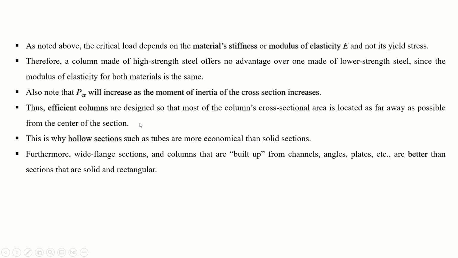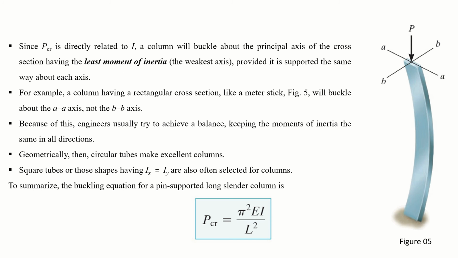That's why hollow sections such as tubes are more economical than solid sections, as are sections built up from channels, angles, plates, etc., because their moment of inertia is large compared to solid sections and regular sections.